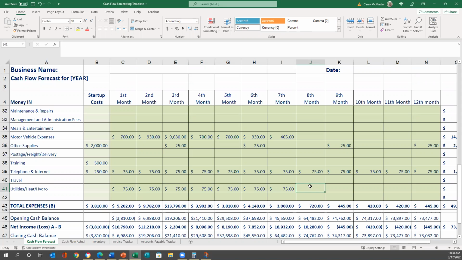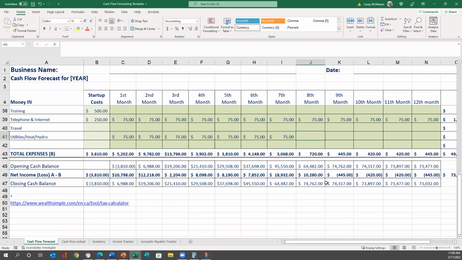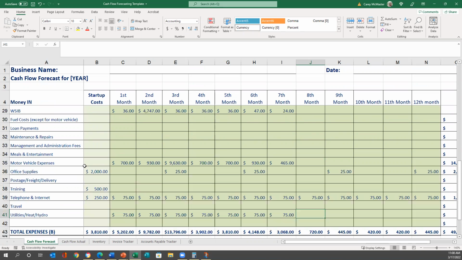So again, we can go down and take a look at where we are. Again, we're in pretty good shape. We've got a closing balance the first month, so we're in a deficit, so we're clearly going to have to put some money in.